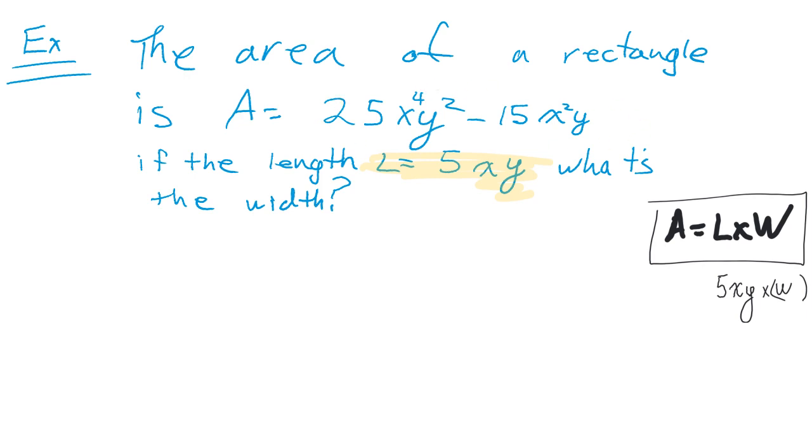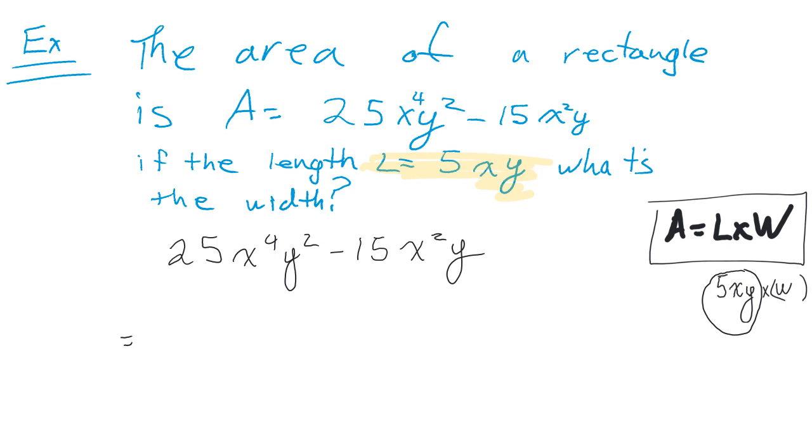So let's go through it and see if we can figure this out. You know that we have 25 x to the 4 y squared minus 15 x squared y is equal to length times width. And we just said here that we have a length of 5xy.